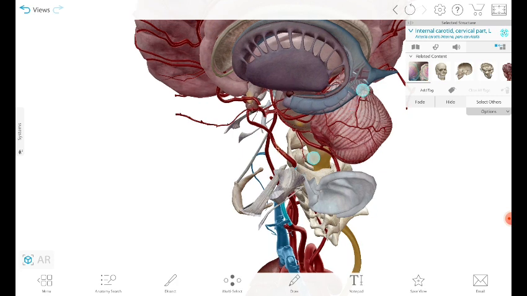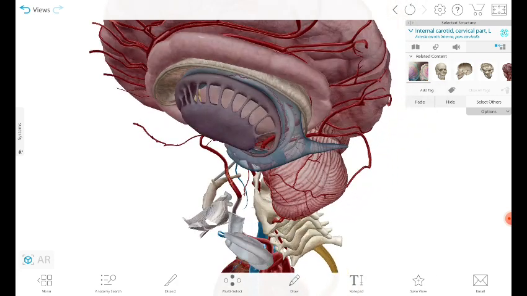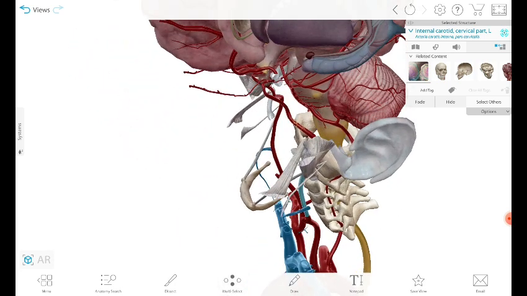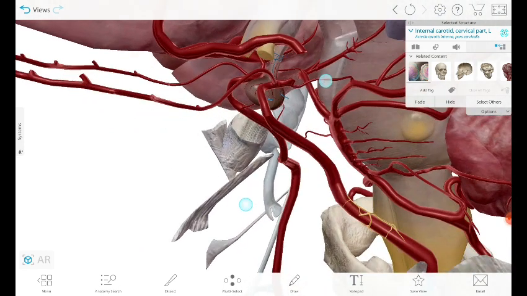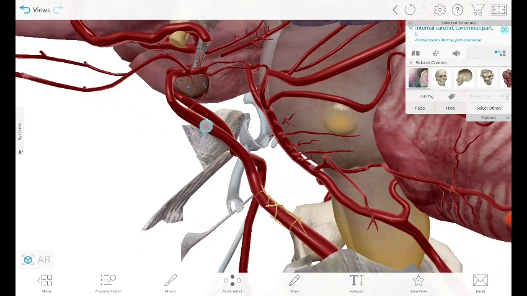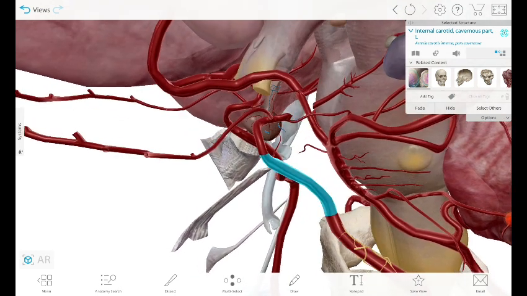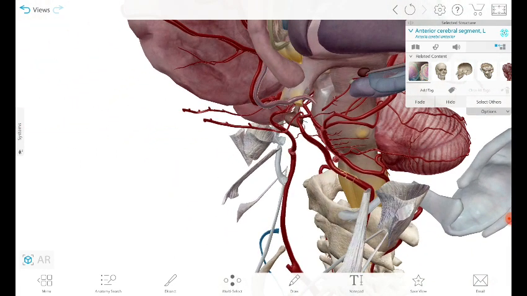So we can see it is ascending upwards, and after making its way into the brain, it gives off these branches. So this here is the internal carotid artery. So we can see a branch that is traveling anteriorly. So these two branches are the anterior cerebral arteries.